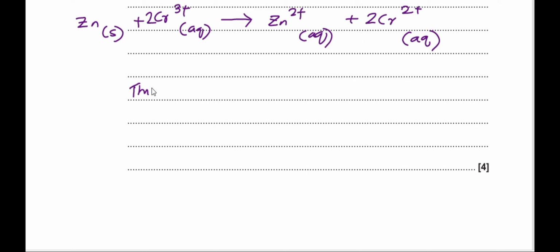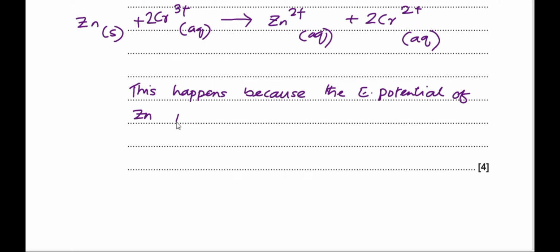So we can write this happens because the electrode potential of Zn is more negative than that of Cr3+.